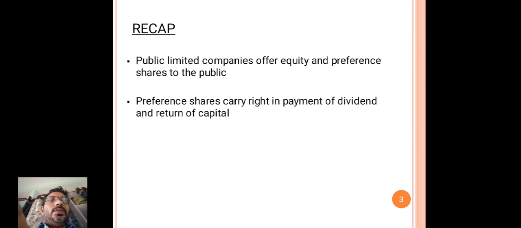In the last classes, from the beginning of this chapter, I have clearly explained the capital structure of a joint stock company and various types of shares.